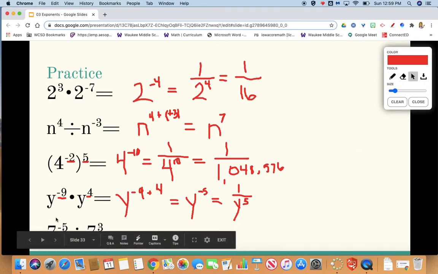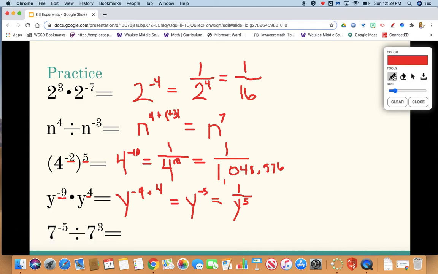One more. 7 to the negative 5th divided by 7 to the 3rd. When we're dividing bases that are the same, we can subtract our exponents. Negative 5 minus 3. Thinking about integer rules, when we're subtracting with negative numbers, we can add the opposite, which turns into plus a negative 3.